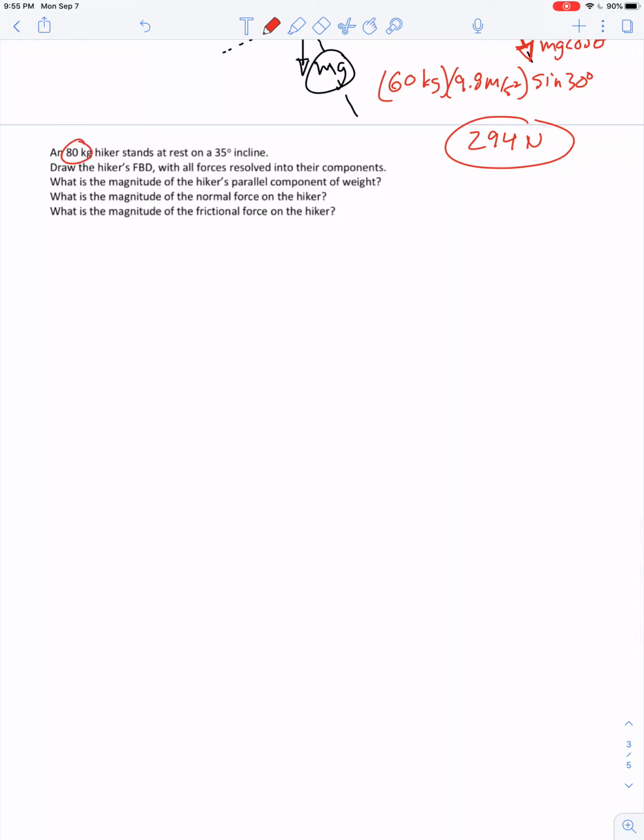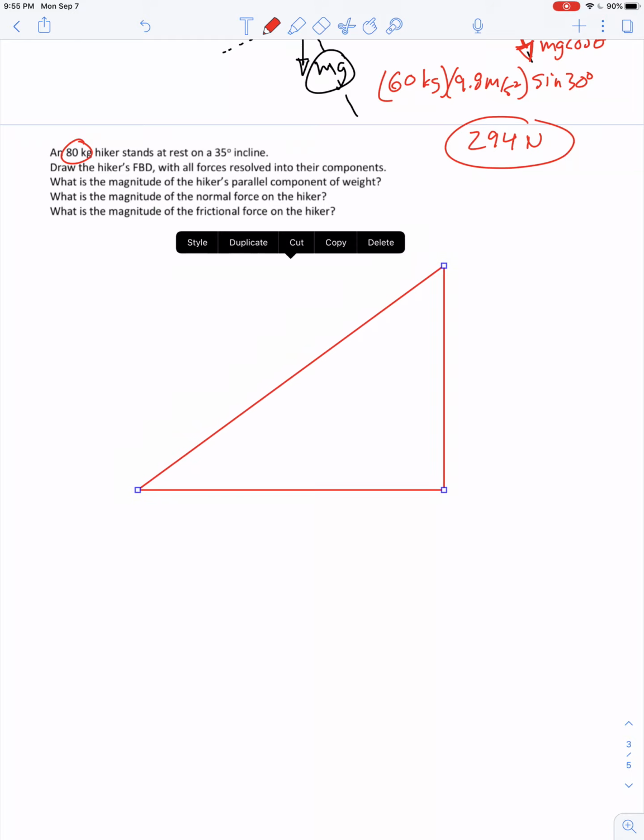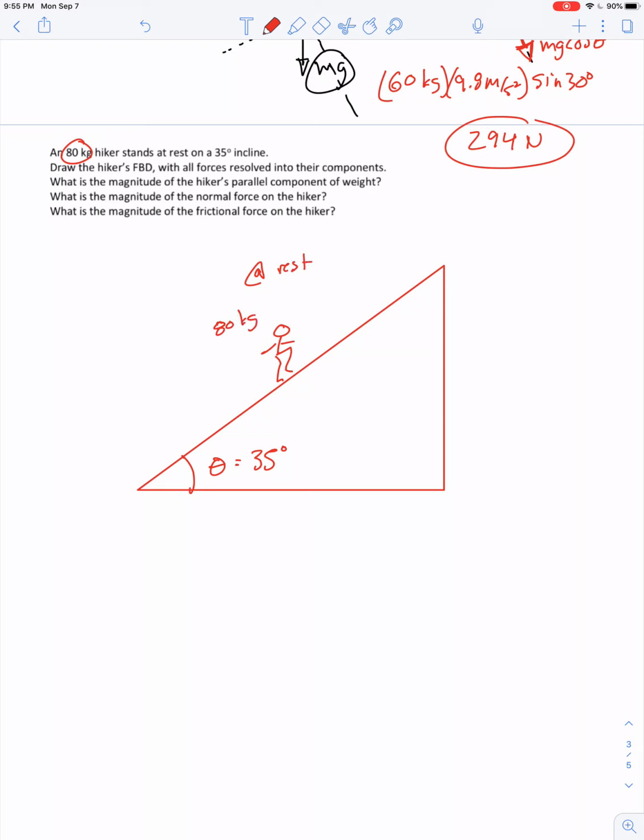Okay, one more example problem for forces on an incline. This time it's an 80 kilogram hiker standing at rest on a 35-degree incline. Draw a free body diagram with all the forces resolved into their components.